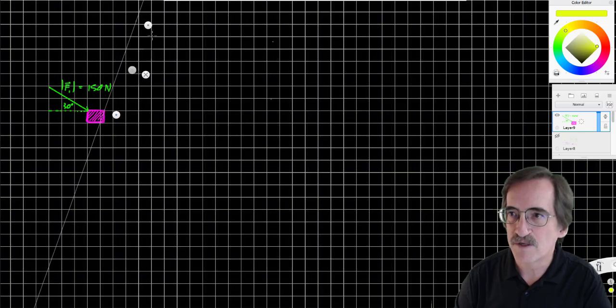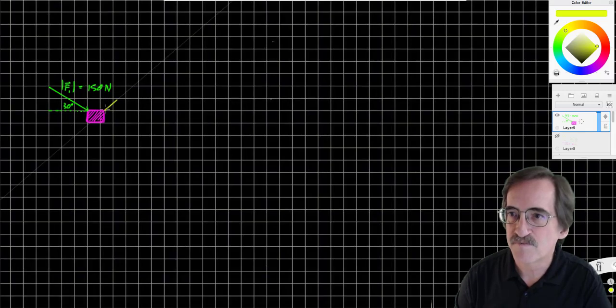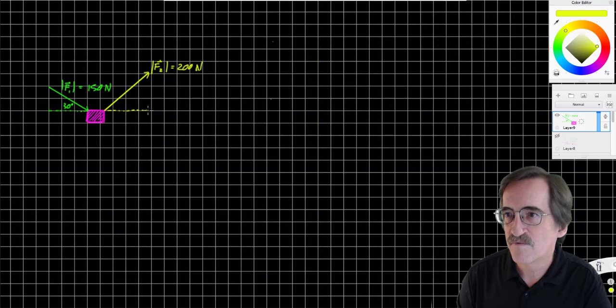He's got a rope that he's pulling on, and he's pulling with a force of 200 newtons. So force 2, the magnitude is 200 newtons, and he's pulling at an angle of 45 degrees.